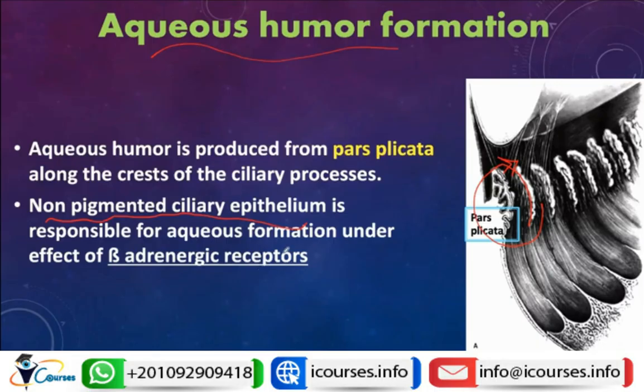Stimulation of the beta adrenergic receptors causes increased aqueous formation, and that is why if the patient takes beta blockers, this leads to decreased aqueous production and decreased intraocular pressure.